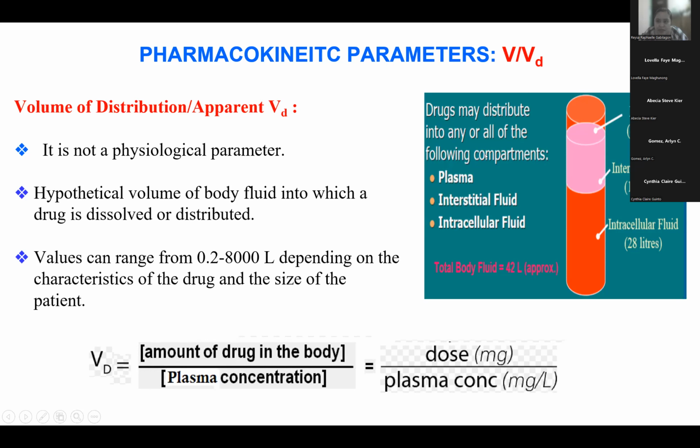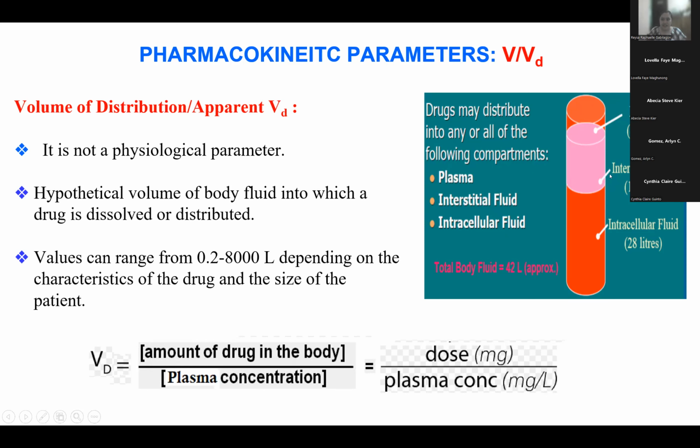So it can be this one, the plasma, and the interstitial fluid, and the intracellular fluid. Okay? So most likely if we get a 4 liter na volume of distribution, the drug is still in the plasma.